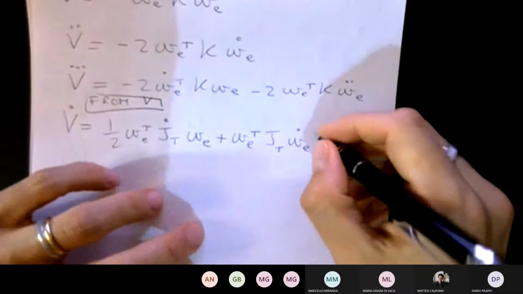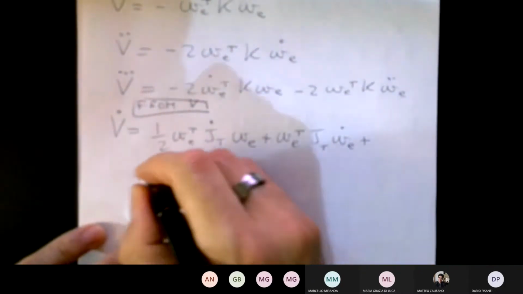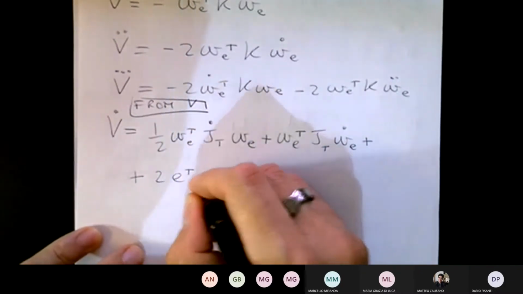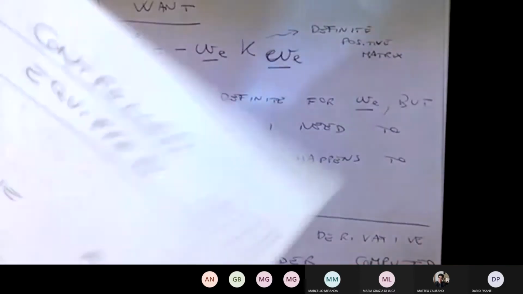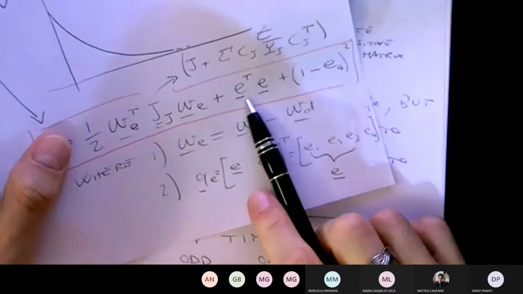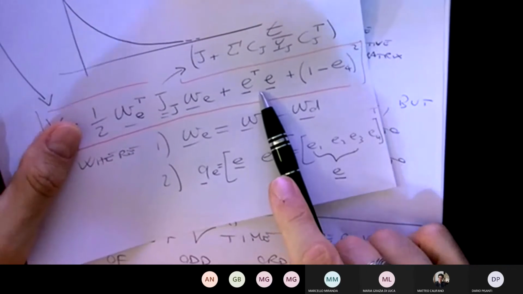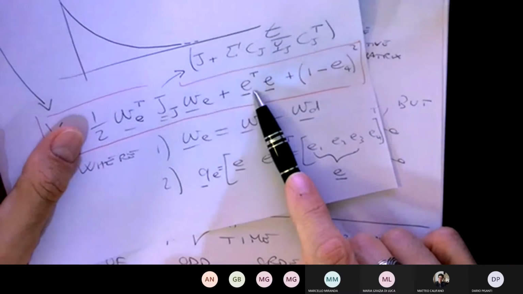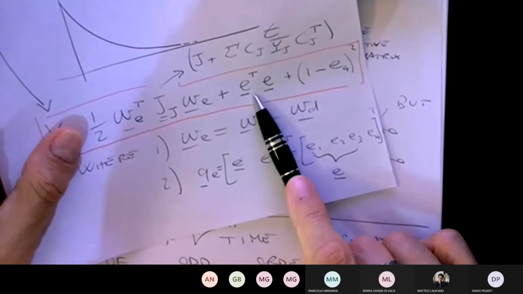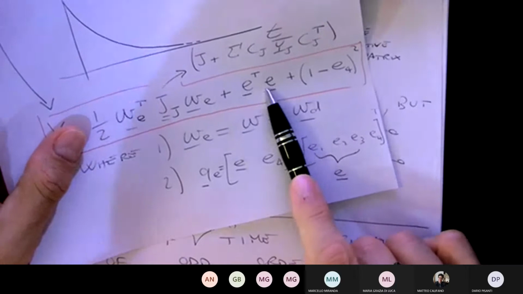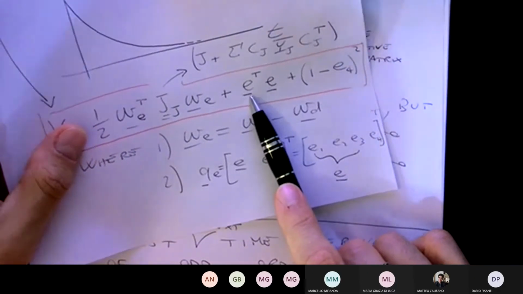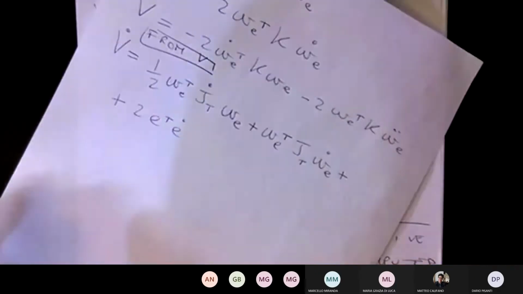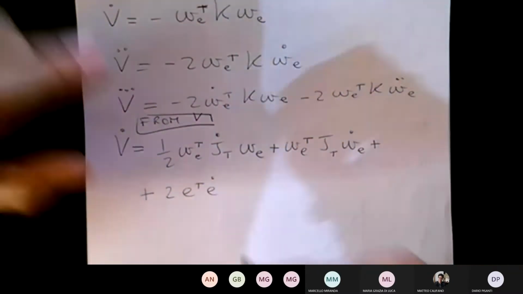Then we have the quaternion piece. I have twice E transpose E dot, same story. The derivative of this term E transpose E is going to be E transpose dot times E, and then E transpose E dot, the transpose of the second product, because you can, it's a scalar, and with the same approach that we used for this term, you get twice E transpose E dot.